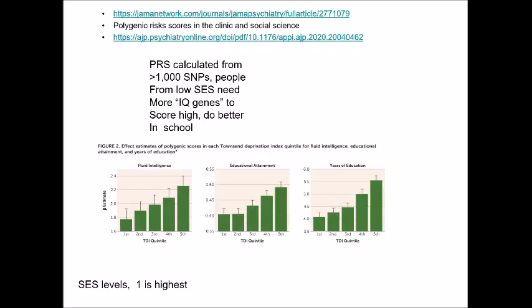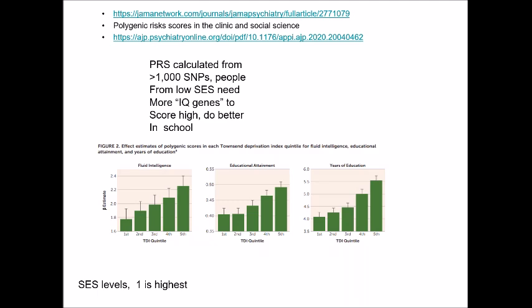Now here, this is very interesting. What they've looked at is the PRS for IQ in people of different socioeconomic groups. Now, you might argue, well, people at the top of society, that's the cream of society. They must be genetically superior because they're so brilliant. They've risen to the top of society. You could probably think of at least a couple people currently in the news who think that.